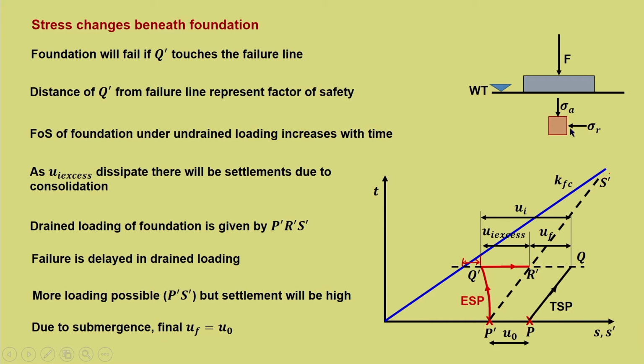Now, we are considering this to be a submerged condition. Since it is submerged, the pore water pressure change is not going to take place. Because of this assumption of submergence, the final equilibrium pore water pressure will become equal to the initial pore water pressure U naught.